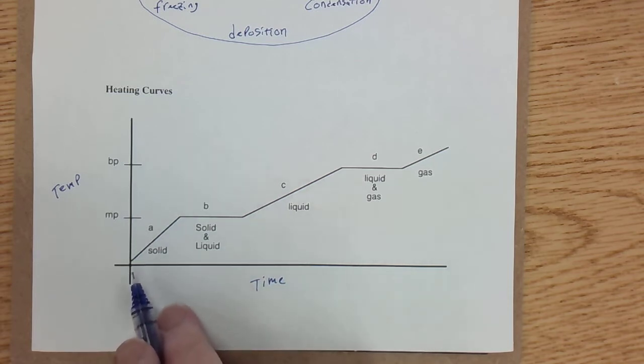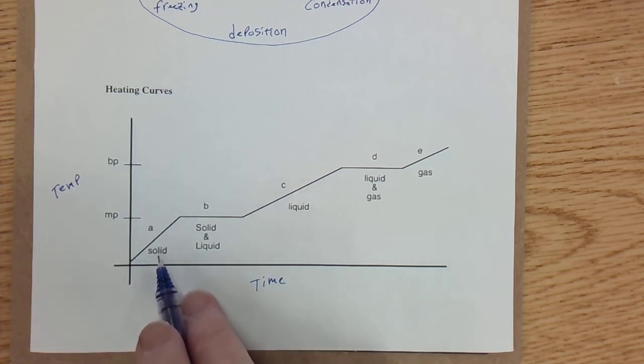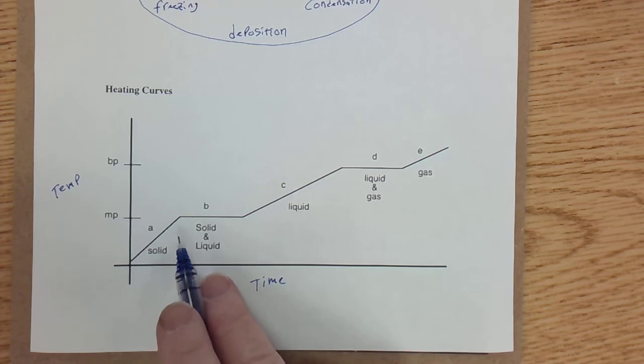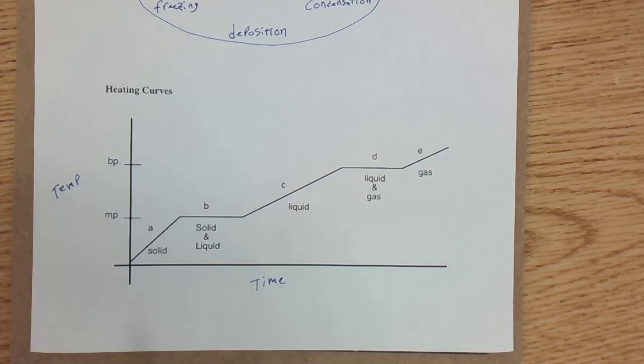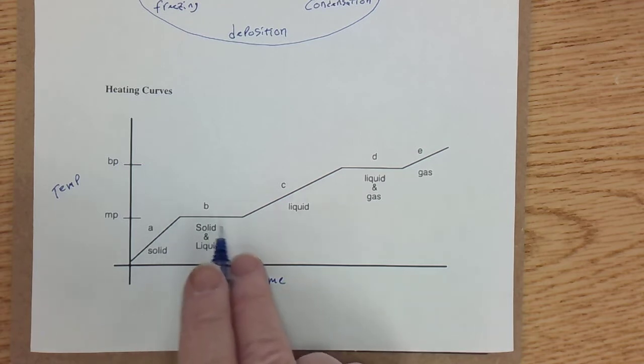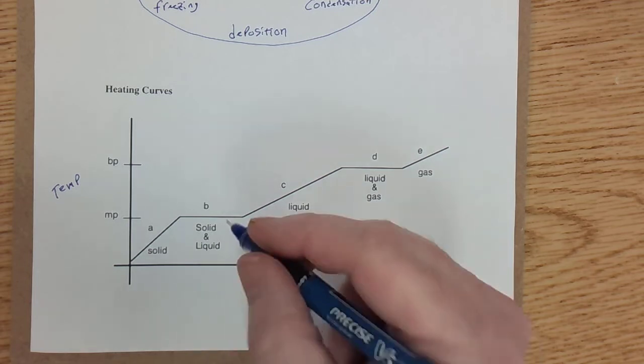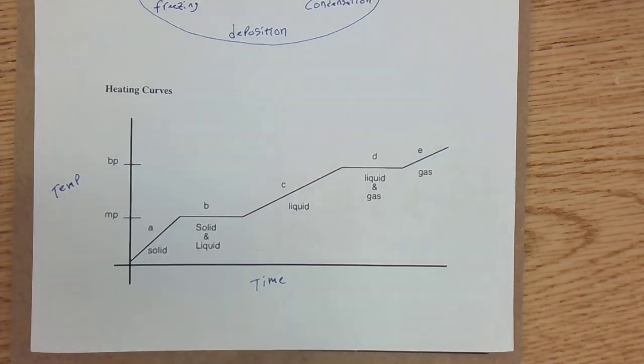The solid will heat up until it reaches the temperature that is called its melting point, at which point the temperature will remain constant. You have this plateau, this horizontal line here, while the solid and liquid are in equilibrium with each other. It's melting.